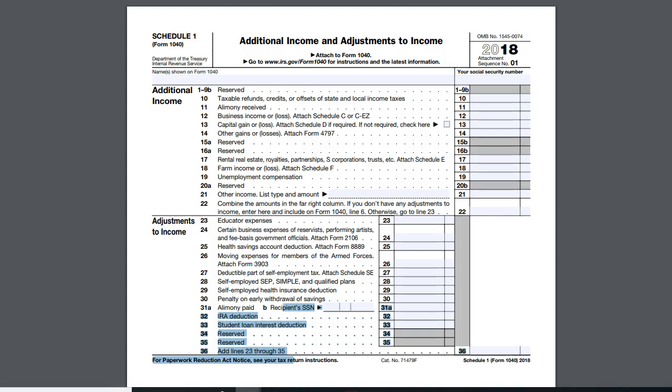Line 25 is health savings account deduction, an account that people can have and utilize a deduction for. Line 26 was moving expense. Moving expense has only been wiped away for 2018 to 2025, but you still have people who might not file a return for 17 or 16 or 15, where moving expenses were still in place.